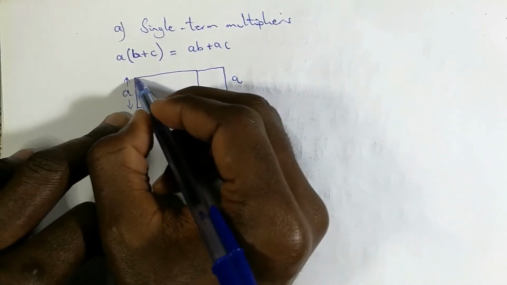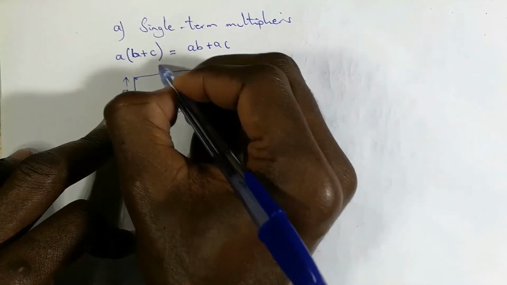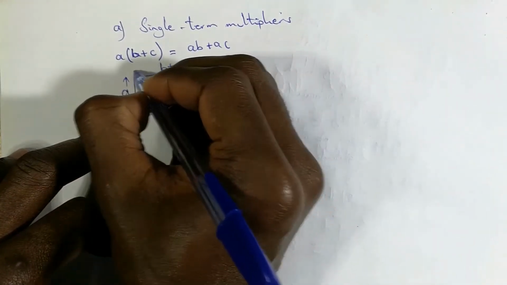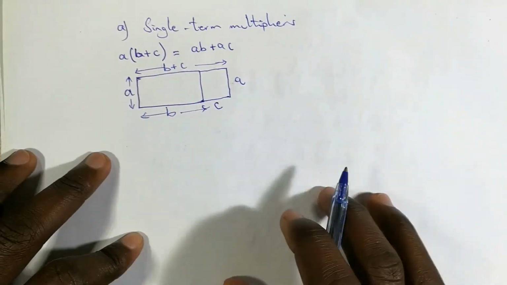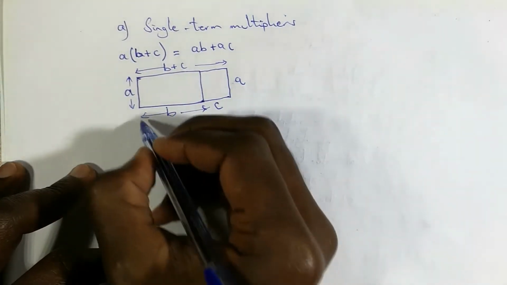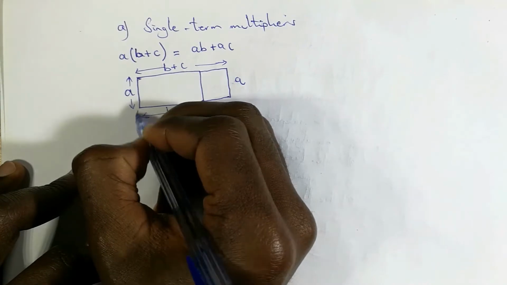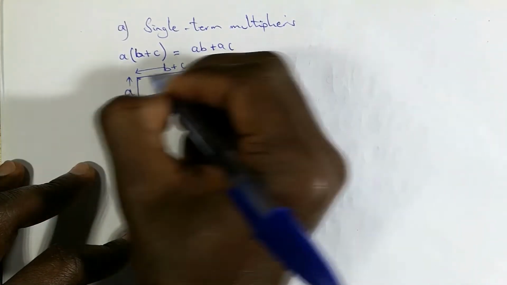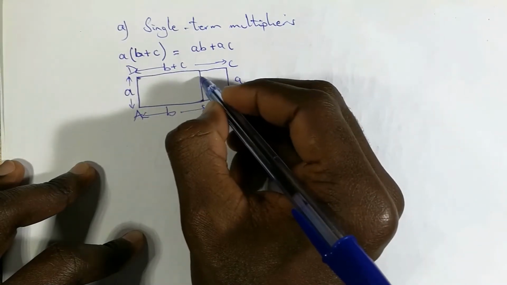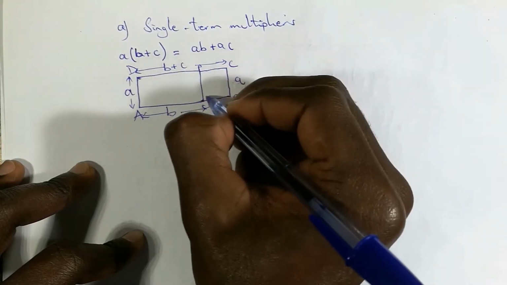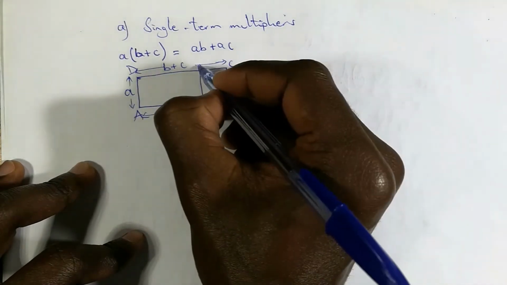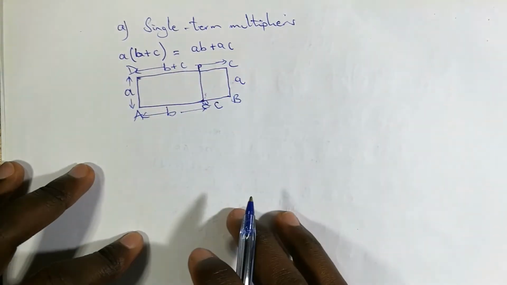That means our distance from here up to here will give us B plus C. Now let us name these vertices A, B, C and D. Then maybe here we put P, Q.